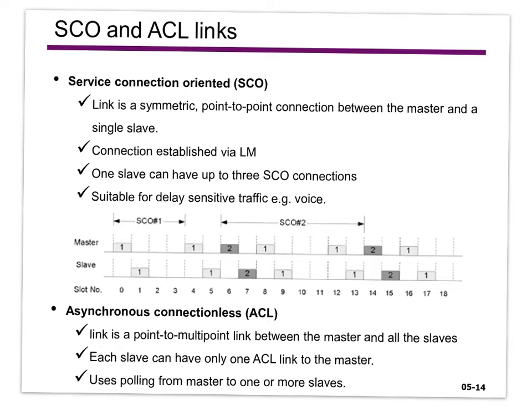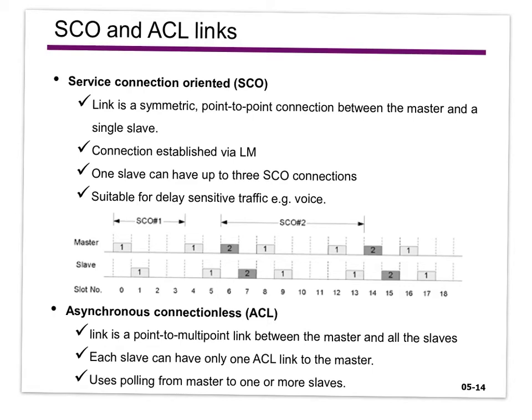As we can see here in this graph, the SCO number 1 connection has allocated time slots. These time slots are pre-allocated to this SCO connection. Another SCO connection, SCO2, for example, could have some allocated time slots for a specific node.